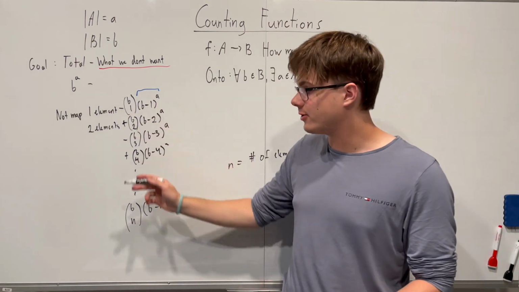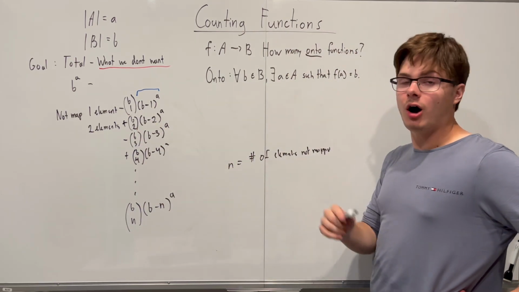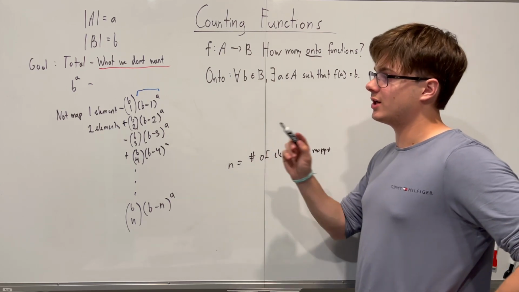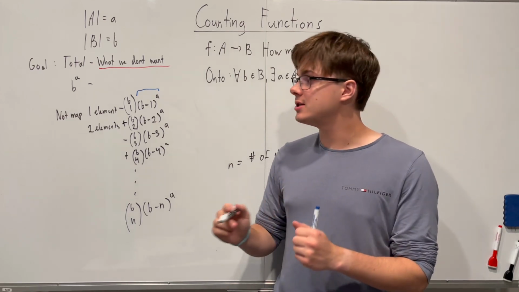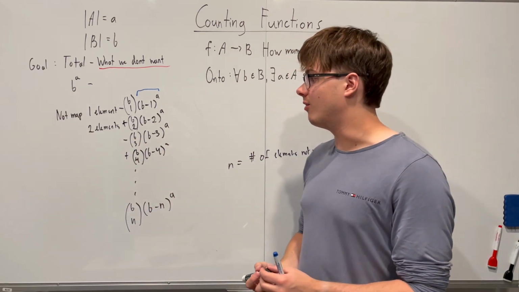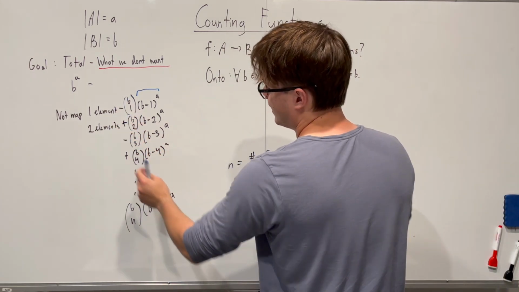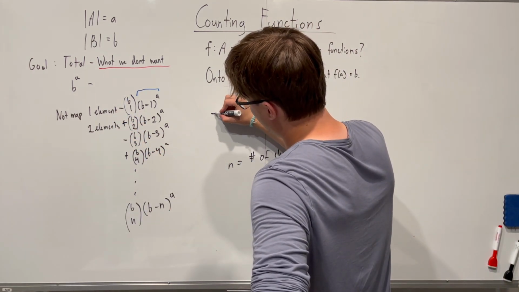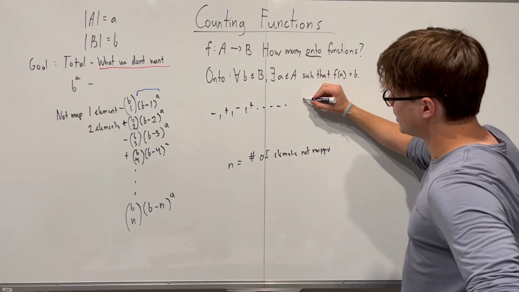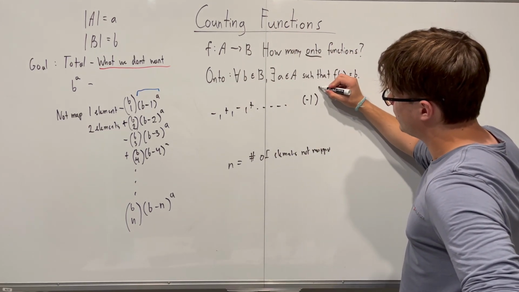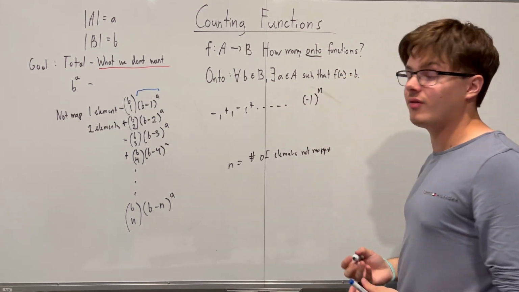And this is the pattern you're going to notice: for odd numbers of n, you're going to want to subtract. But to fix the double counting, you're going to want to add for even numbers of n. So what does this mean? This minus plus minus plus really just becomes -1 to the power of n.